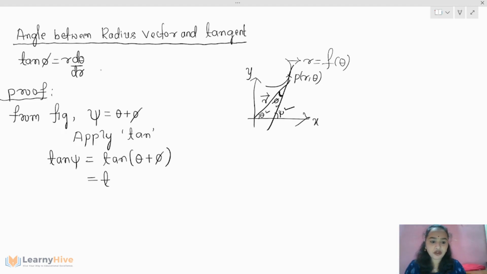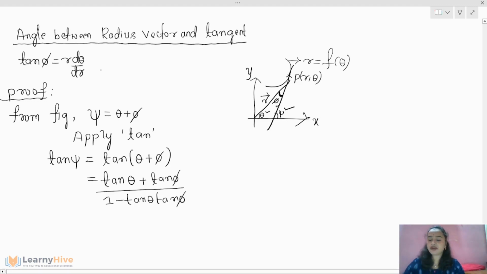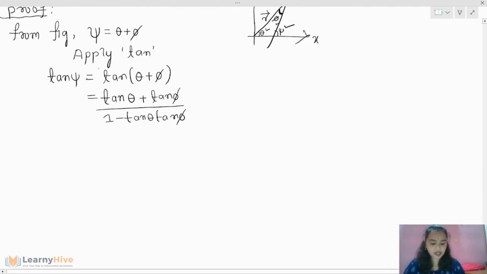We can apply the formula as tan theta plus tan phi divided by 1 minus tan theta multiplied by tan phi. This is the formula we have from trigonometry, the tan of a plus b formula. Let us denote this as equation number 1.